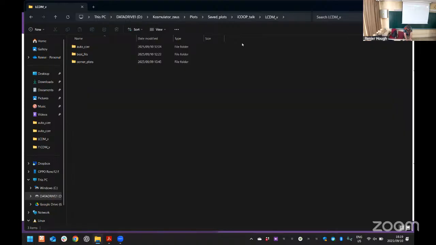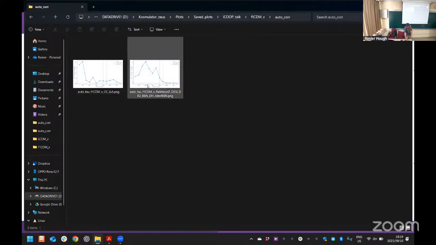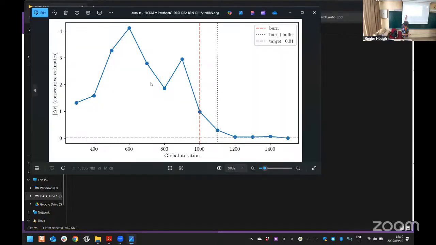Firstly, let's go into the F1. We'll first show you these, and this is how it got calibrated. You can see here it started rough, and then it started finding what it was looking for, and here it crossed the threshold line of less than 0.01 movement across 100 iterations for all the parameters.